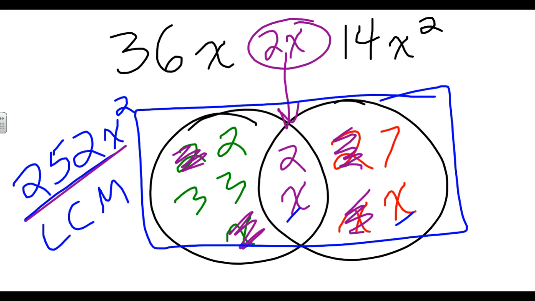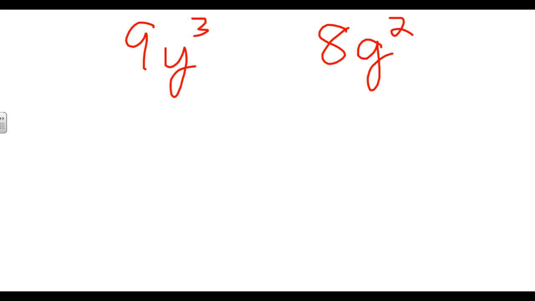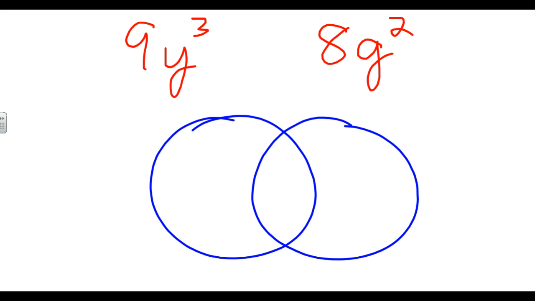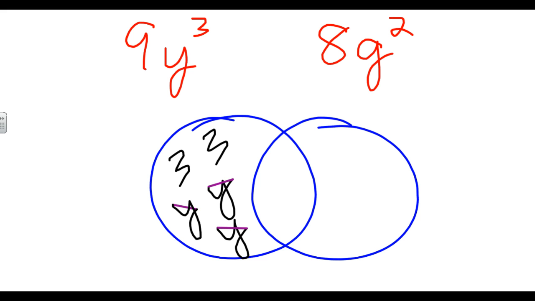And finally, we have our last example here for you to look at. Find the GCF and LCM of 9y cubed and 8g squared. That is a g on the right, not a y. And so we have our Venn diagrams again, 3 times 3 times y times y times y.